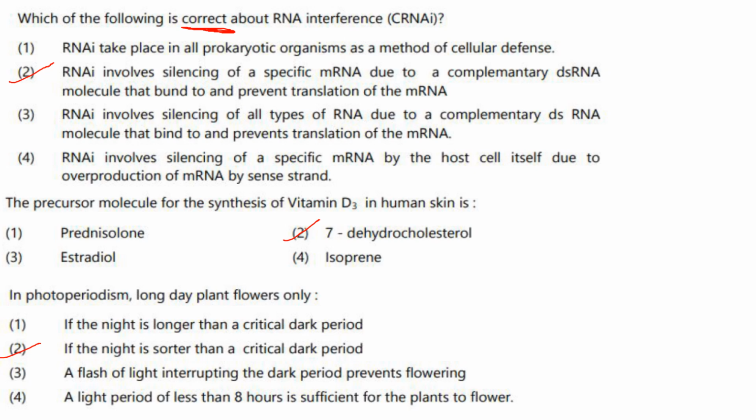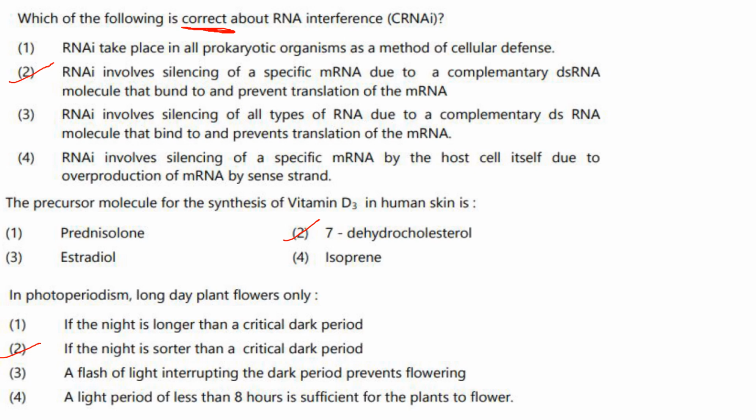So the answer here is option 2. If you see, they have mentioned if the night is shorter than the critical dark period. So option 2 is correct. A flash of light interrupting the dark period prevents flowering. Actually, it promotes flowering in long day plants.